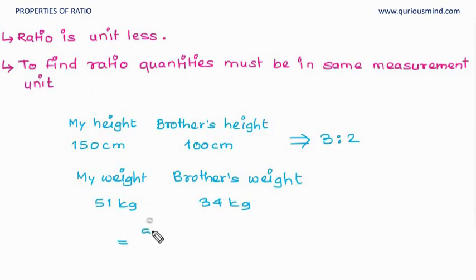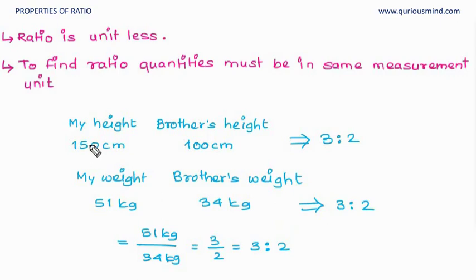That is going to be 51 kilogram divided by 34 kilogram. Again kilogram gets cancelled. 17 2s are 34, 17 3s are 51. So it is 3/2 and that in the ratio format is 3:2. So the ratio is 3:2.